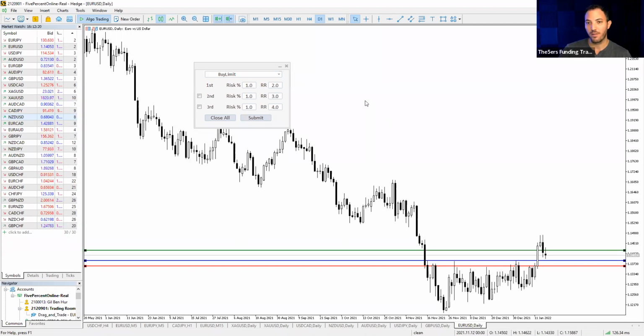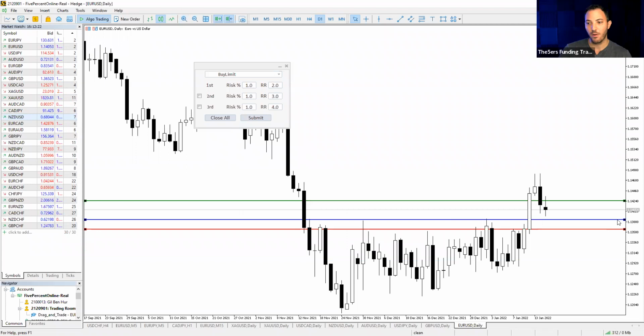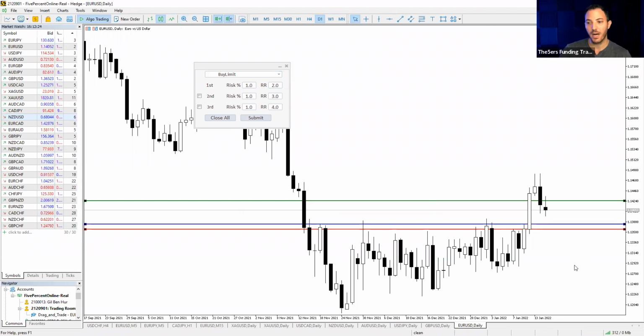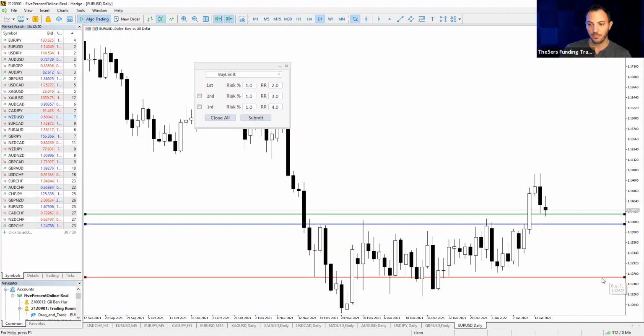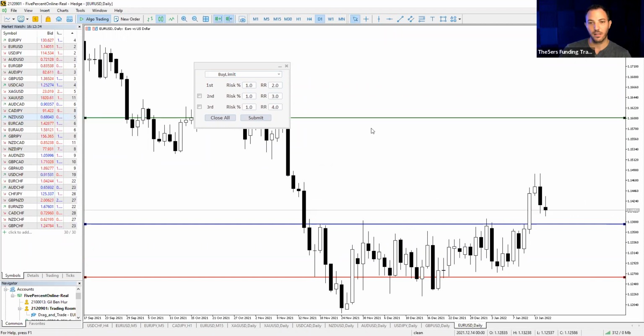So if, for example, I want to get into a buy limit order over there, and I want my stop loss, let's say there. Just give it a second to adjust automatically. And I want to risk, this is the important part, let's say 0.5% of the account.